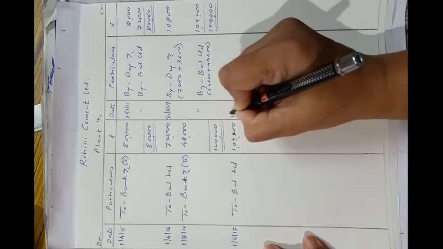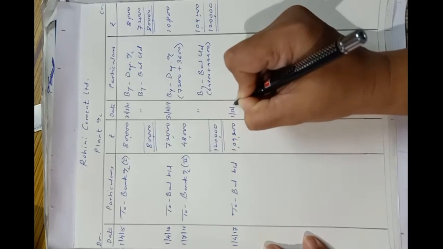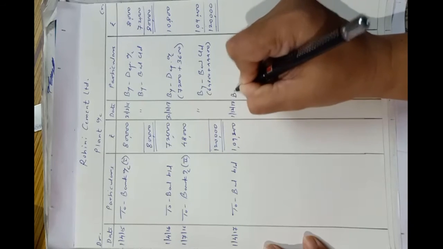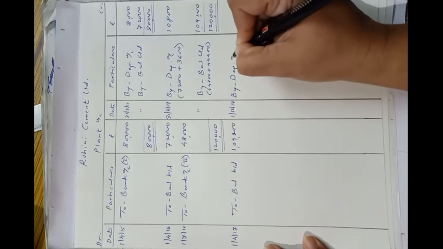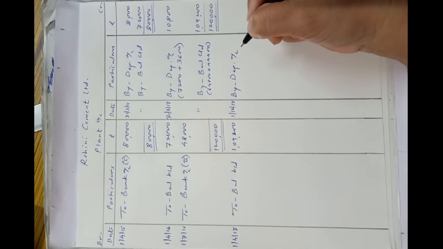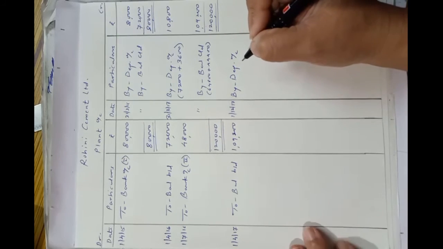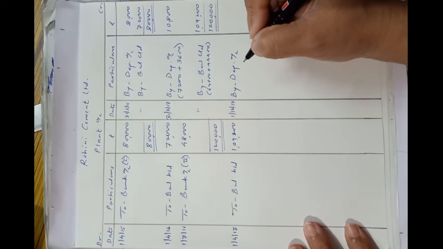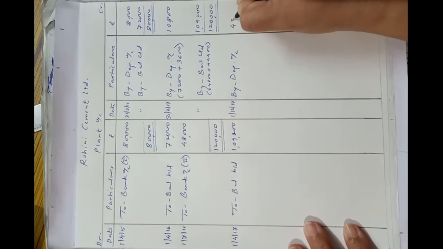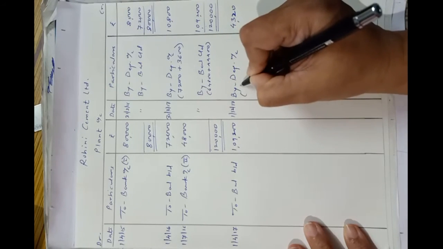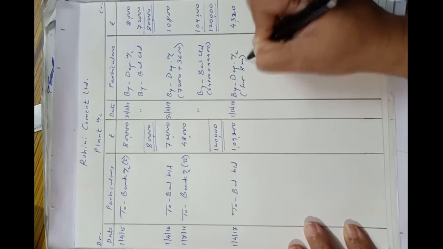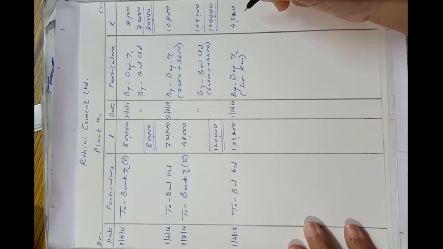Let's pass the entries. On 1st December 2017, by depreciation account. This is a day in the middle of the year, so only the depreciation of the machinery being sold is calculated. So we have calculated that depreciation for 8 months, 4320.